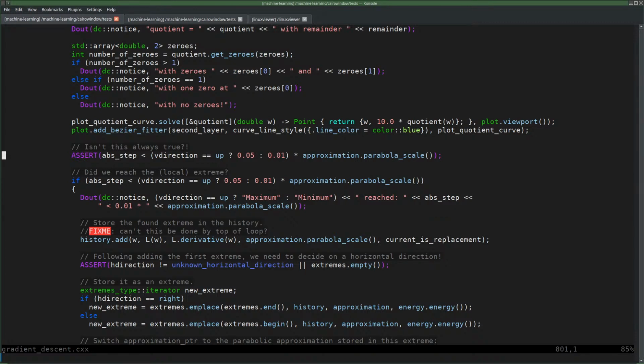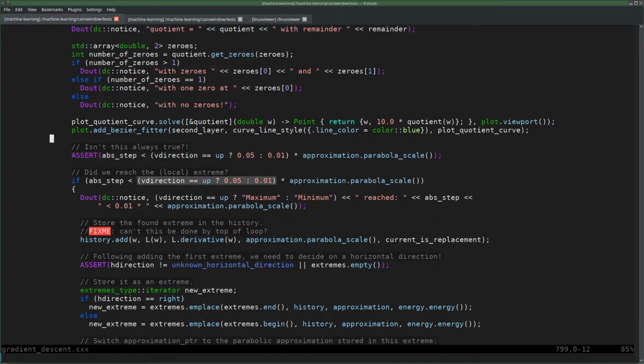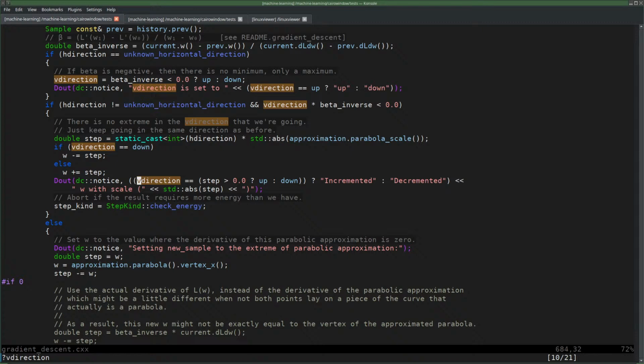Let's do this test. Oh, this is always true, so this test is never used. This is using for the maximum extremes 5 times less precision. So I want to use this instead of 0.01 in the actual test, provided that v direction is already known up there. I wouldn't know why not.